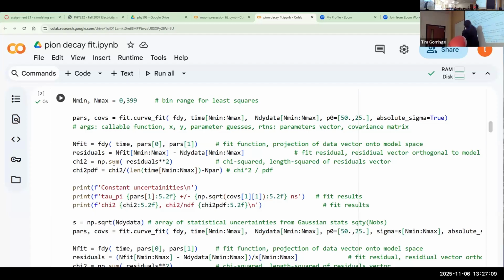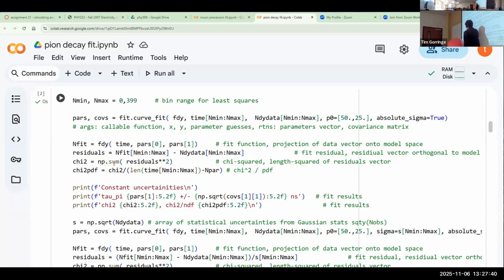So this is the best fit to my line, to my model. From that, the difference between that and the actual data, which is the second line in this block of code here, that's the difference between the data and the model fit to the data. That's what we called the residuals in the last class. Those are the differences, the residuals, between the model and the data.